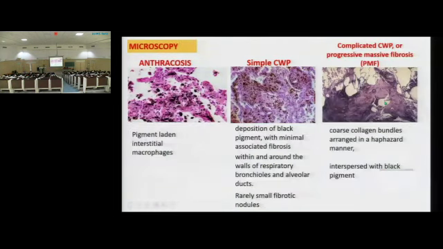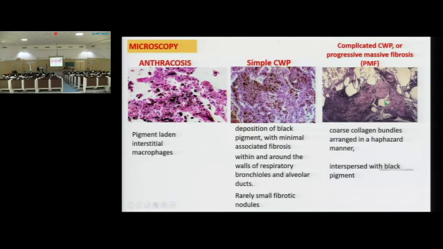So what you see in the corresponding histopathological pictures, this is anthracosis. You can see there is destruction of a few alveolar spaces, along with deposition of carbon-laden pigment or carbon-laden macrophages. The larger ones have macrophages inside whose cytoplasm there are black carbon pigments. While in simple coal workers pneumoconiosis, there will be deposition of these black pigments with very minimal fibrosis.